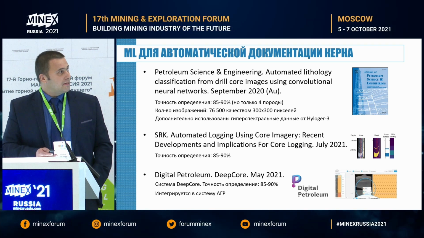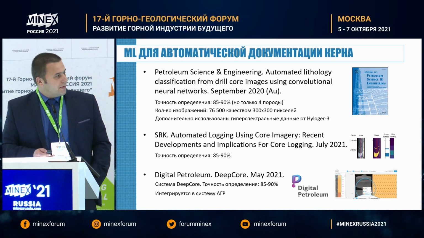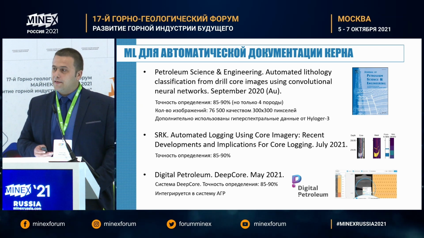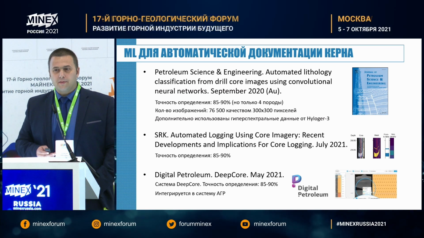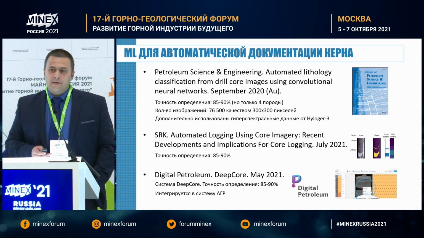And actually the whole world is joining these tendencies. They are working in Australia in SRK, and Digital Petroleum Company. This is a Russian company, and perhaps they have the maximum progress in this direction here in Russia.